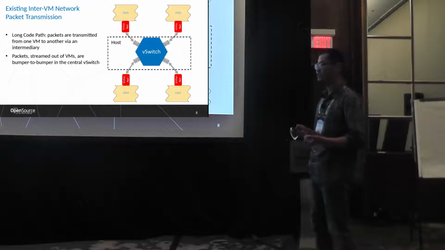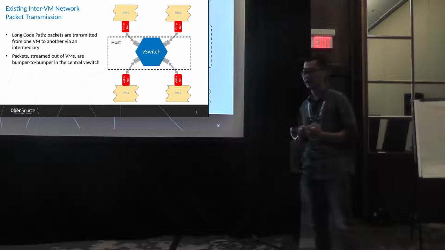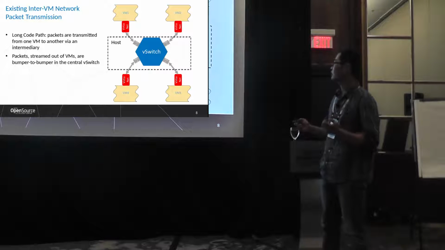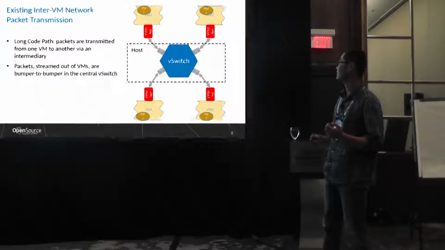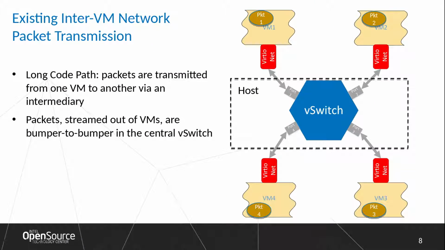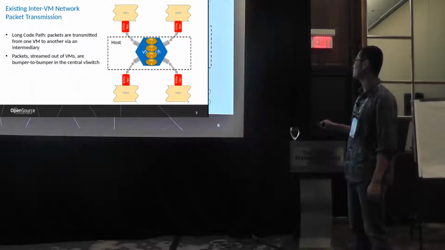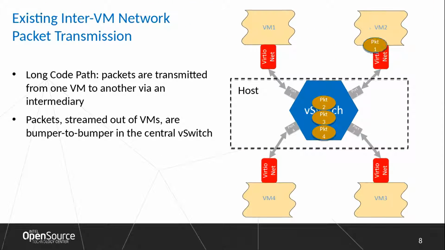The implementation is a little different, but if we animate the process where all the VMs transmit packets to their destination, it will be like this. Here a bumper-to-bumper traffic shows up in the central vSwitch, and those packets need to be copied to their destination one by one.